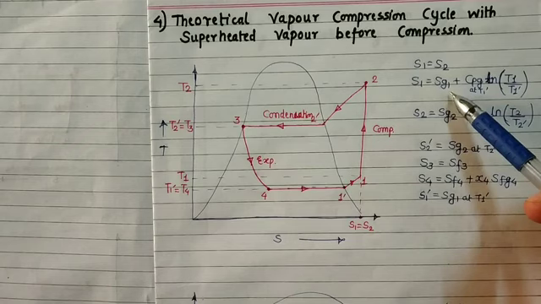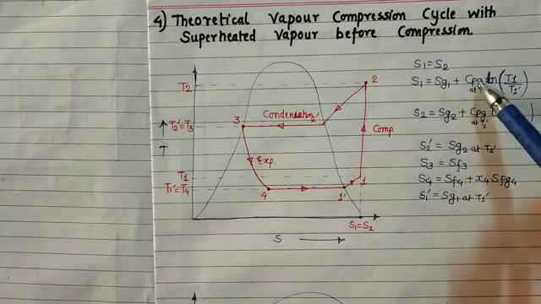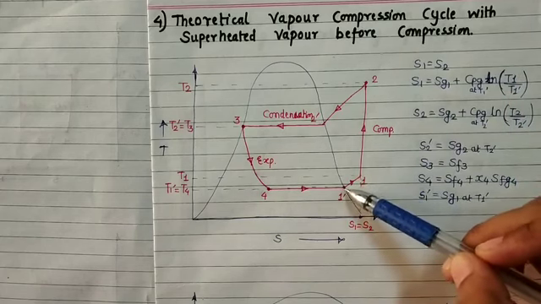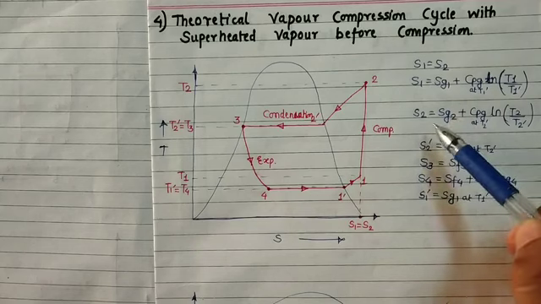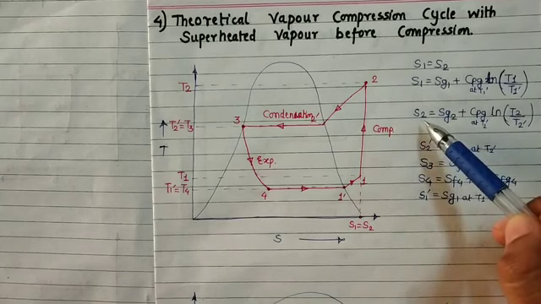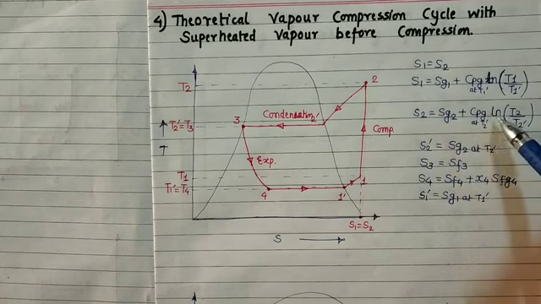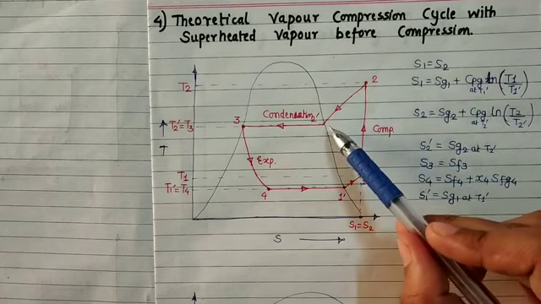S1 is equal to Sg1 plus Cpg into ln of T1 by T1 dash, higher temperature divided by lower temperature. In a similar way we will calculate S2. S2 is equal to Sg2 plus Cpg into ln of T2 by T2 dash.